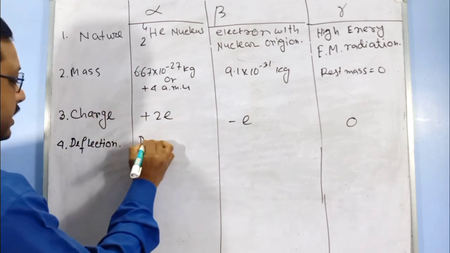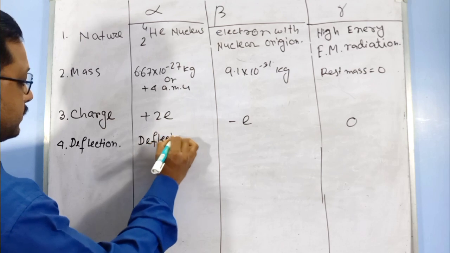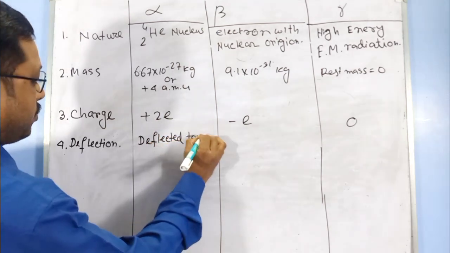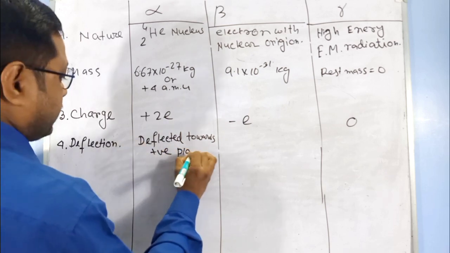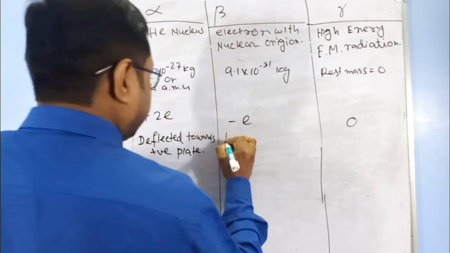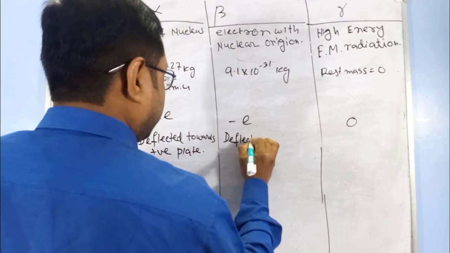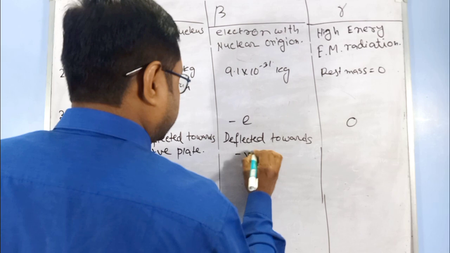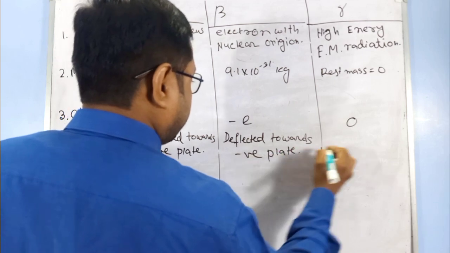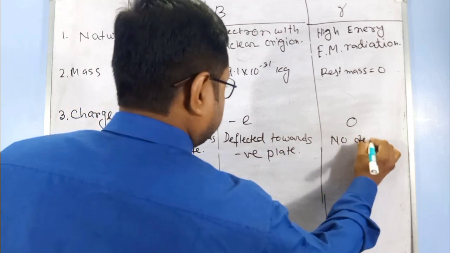Alpha particle is deflected towards the negative plate, beta particle is deflected towards the positive plate, and gamma shows no deflection.